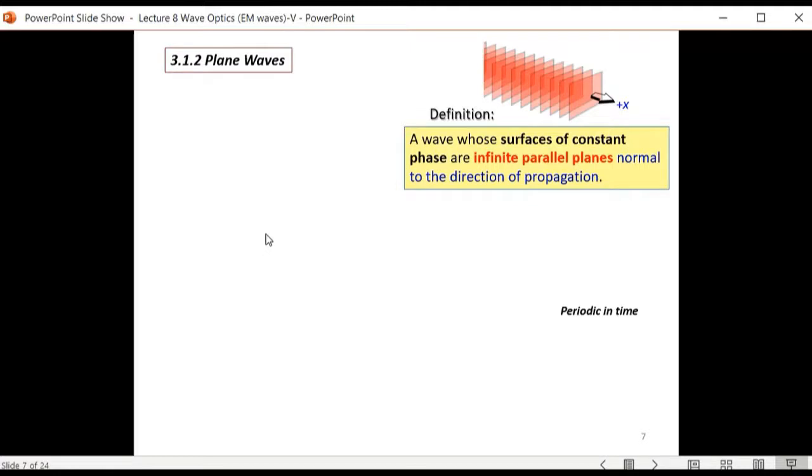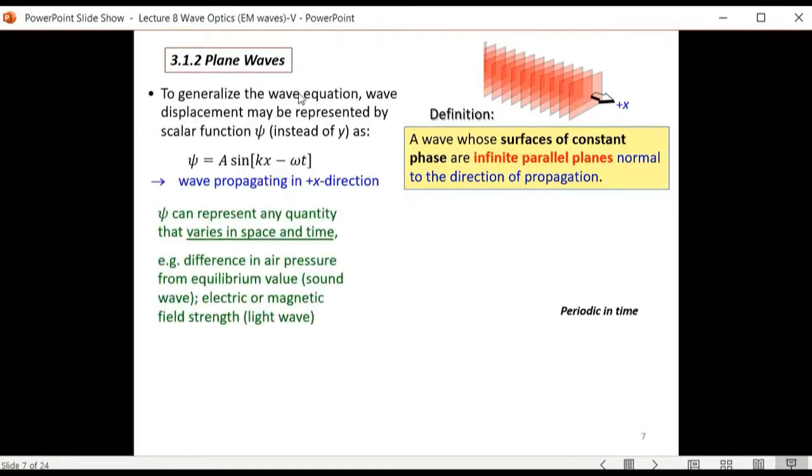Next, we look at plane waves. What is a plane wave? It is a wave whose surfaces of constant phase, which are represented as these planes here, are infinite parallel planes normal to the direction of propagation. We can generalize the wave equation, whereby the wave displacement now is represented by a scalar function.